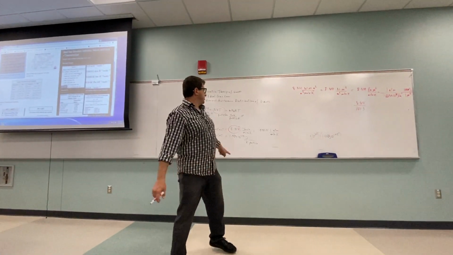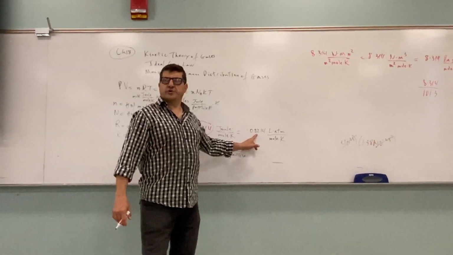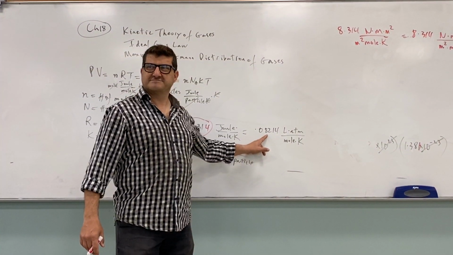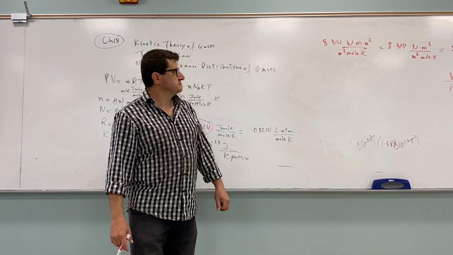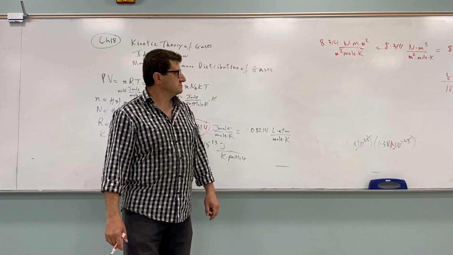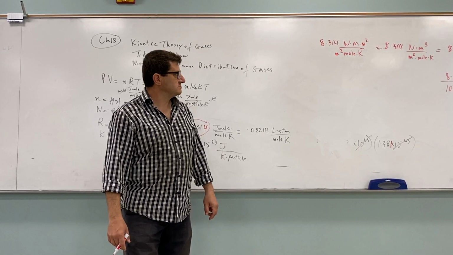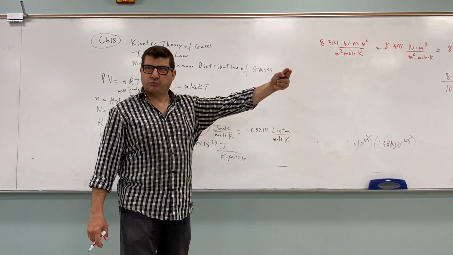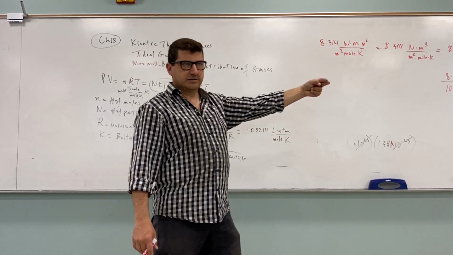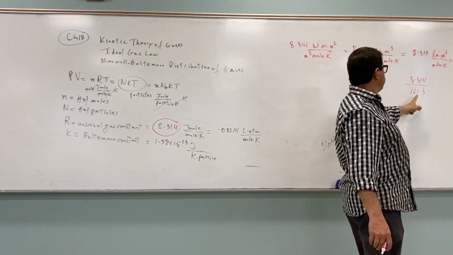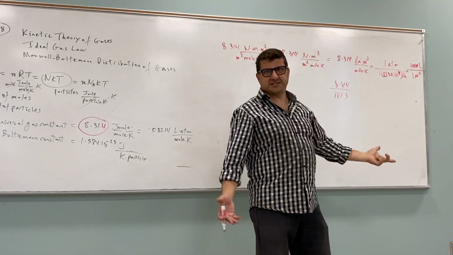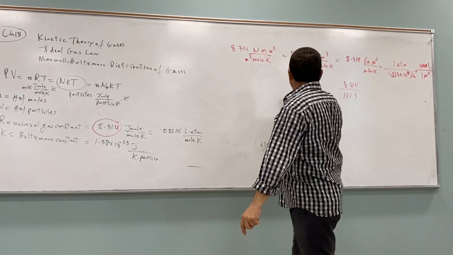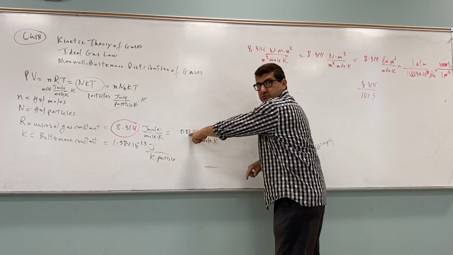That should give you this version, 0.08214. It's kind of like dividing by 100, but it's a little bit more than 100. So it makes sense that the 3 changes to a 2.